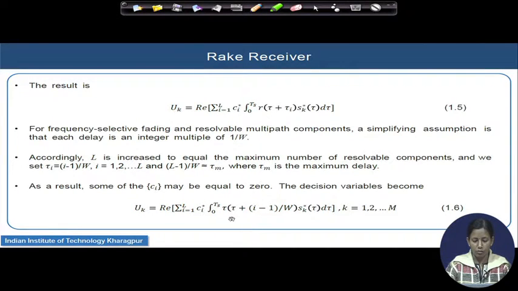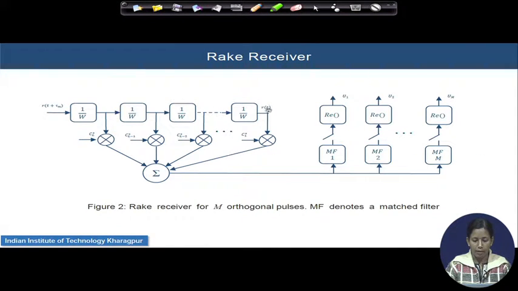Remember a situation where the received signal should have delay up to tau_m. So, we have the final signal r(t), this is the first path that came, and then the delayed paths are multiple paths arriving at a gap of 1 by W, and the last one that you are going to receive is at t plus tau_m.